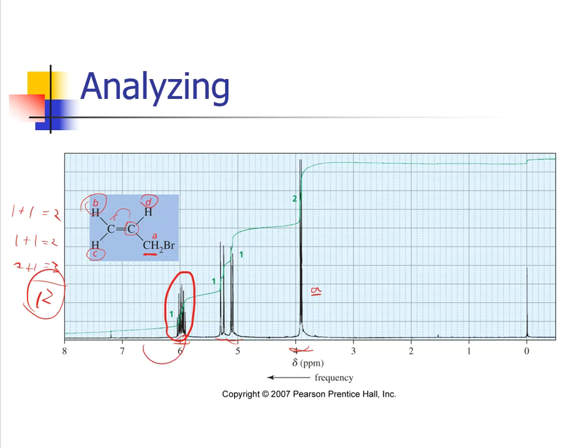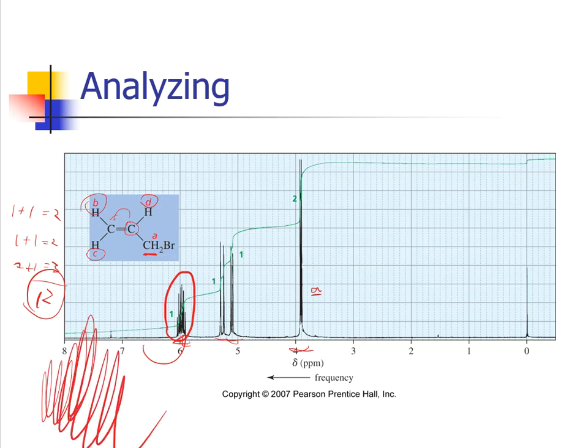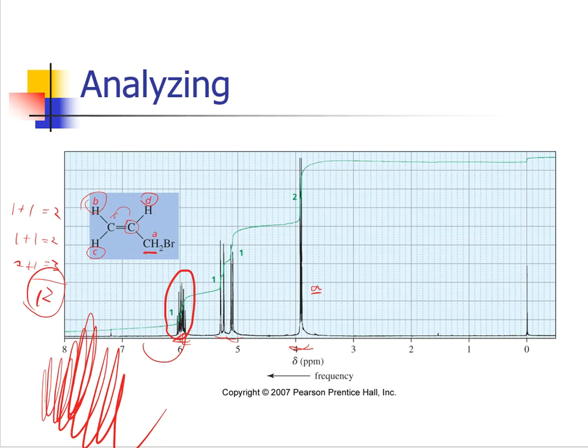And then if I look at that signal and it says, what is the splitting? I mean, that's what it looks like to me, right? So there's a bunch of lines, a bunch of splitting that's happening, and there should be a lot because there should be 12 different splits happening in that major signal for that carbon bonded to the hydrogen in the double bond.